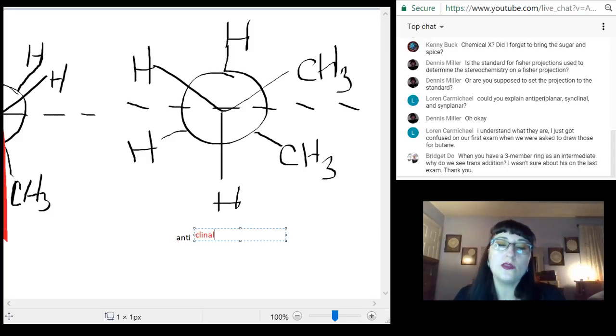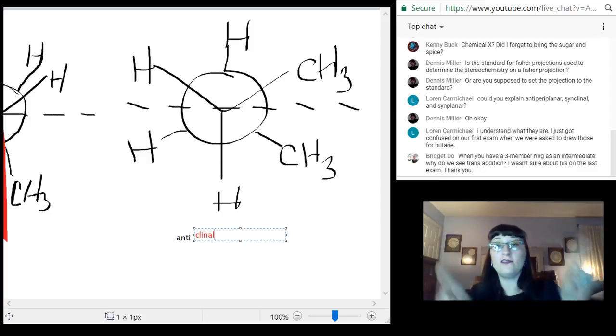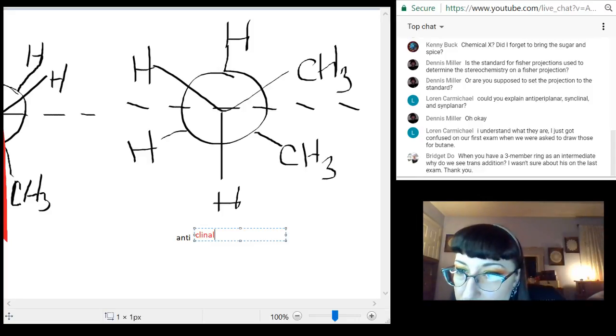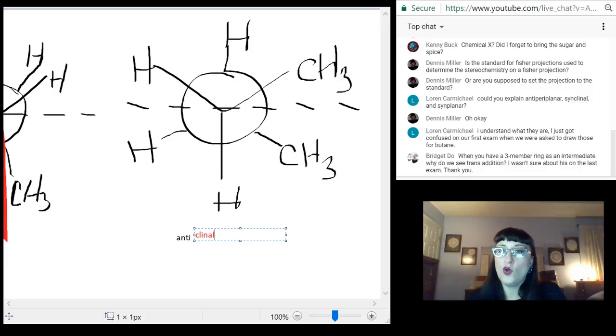Okay? So as long as you know what the anti and syn mean, and the periplanar and clinal mean, you should be able to look at any of those and tell which ones they are. Okay? Now Bridget says, when you have a three-member ring as an intermediate, why do we see trans addition?